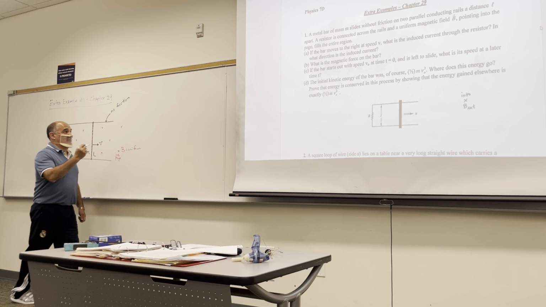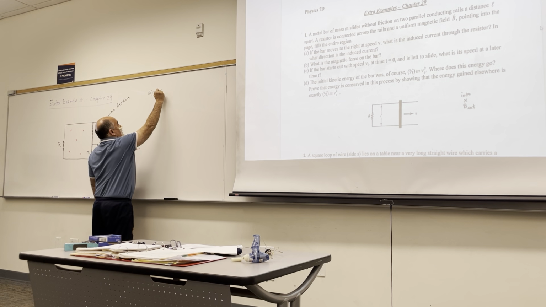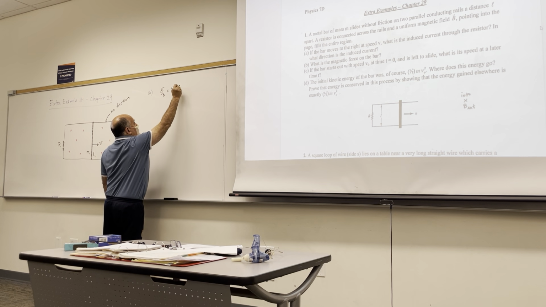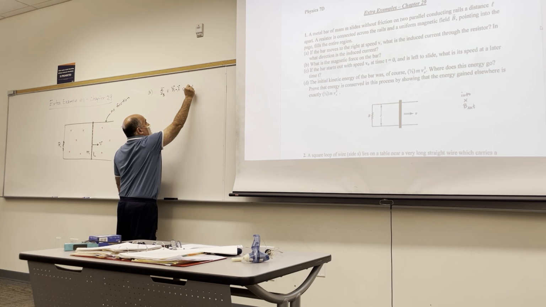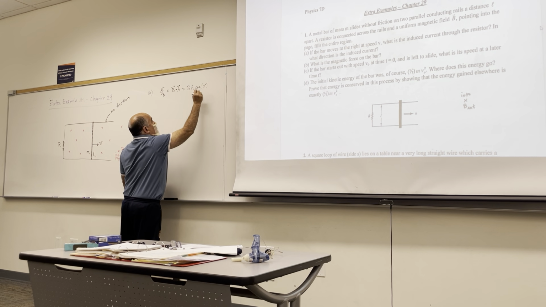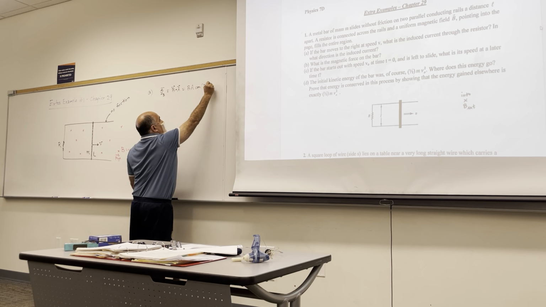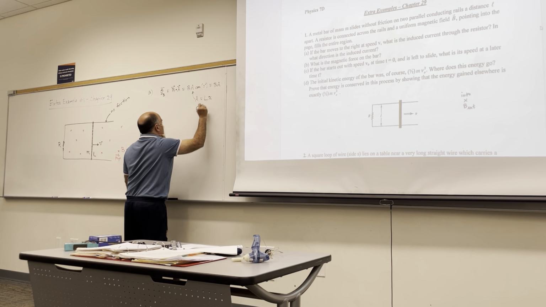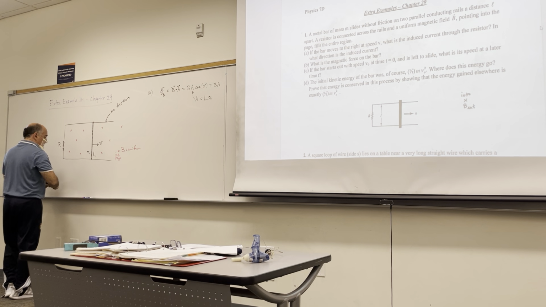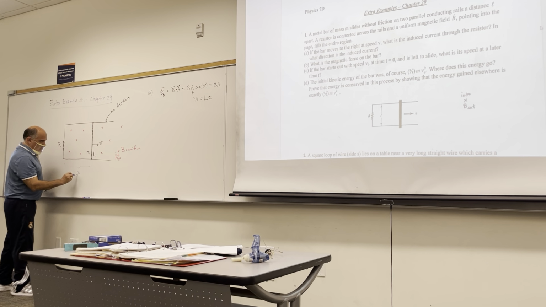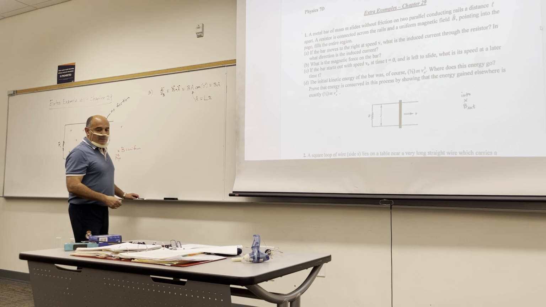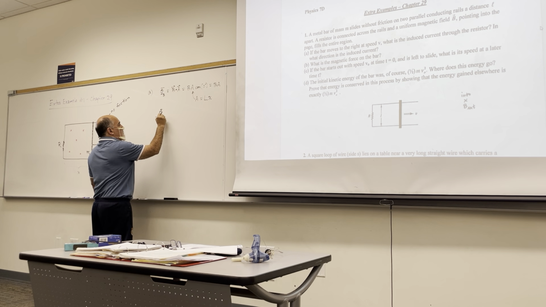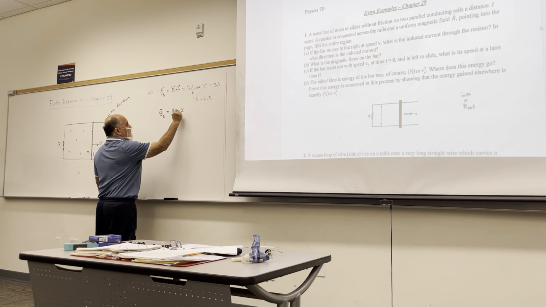Well, again, you can say the magnetic flux is B dotted with A, which will be just B times A times the cosine of 0 degrees, so B times A. And the area of the loop A is L times X, where you can call this distance X. So the magnetic flux is BLX.